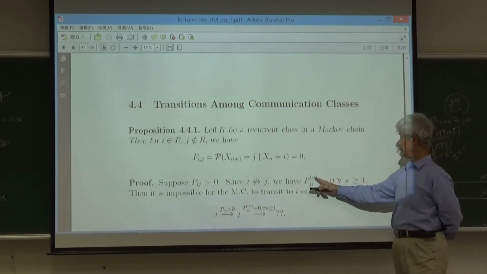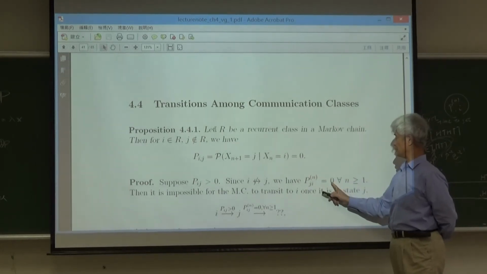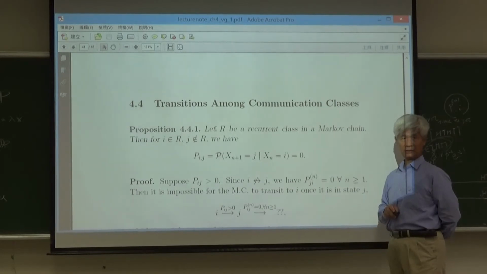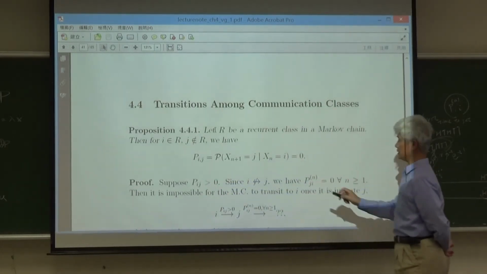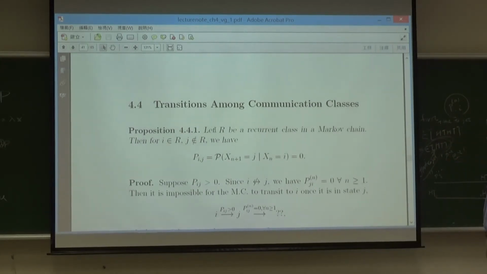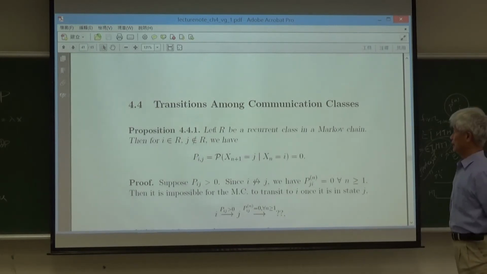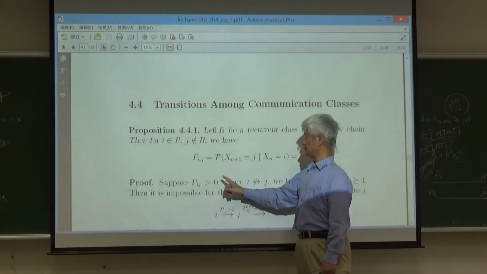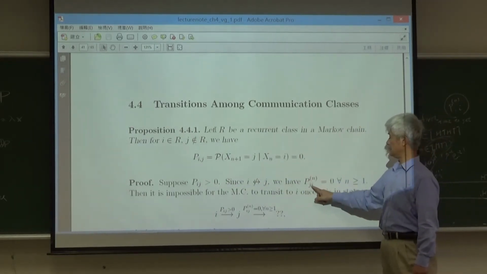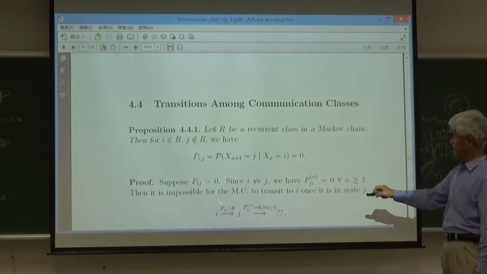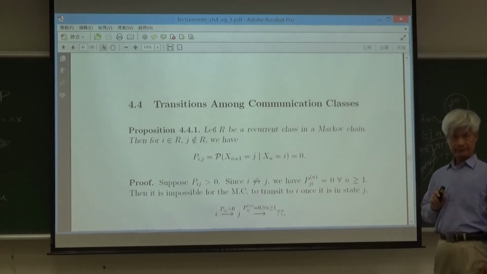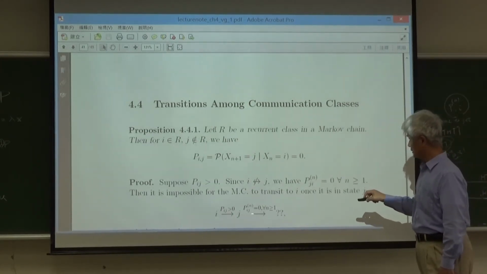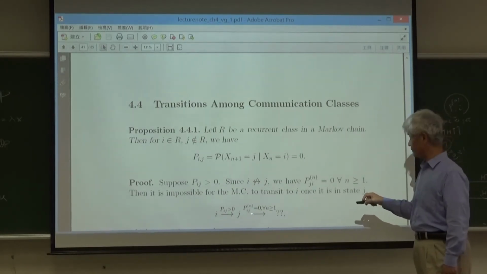Because if there exists some n such that this n-step transition probability is positive, then i and j must communicate with each other, since we already have this for the one-step transition probability. So you assume from i to j the probability is positive, but from j to i the probability is 0, so you never go back.